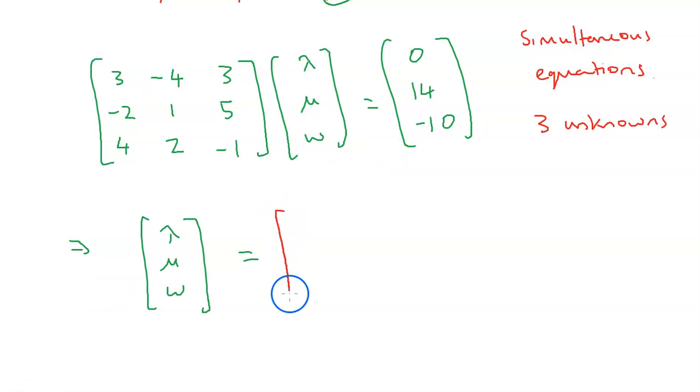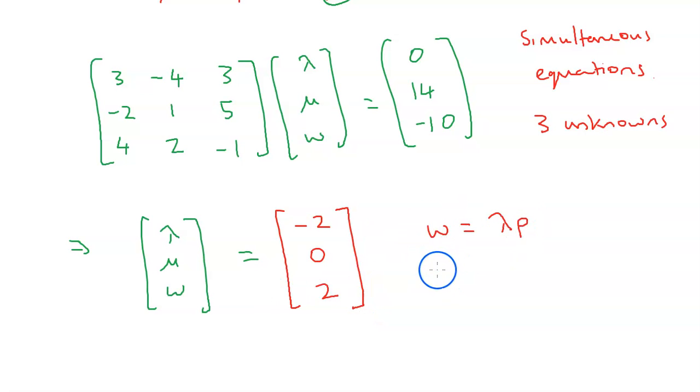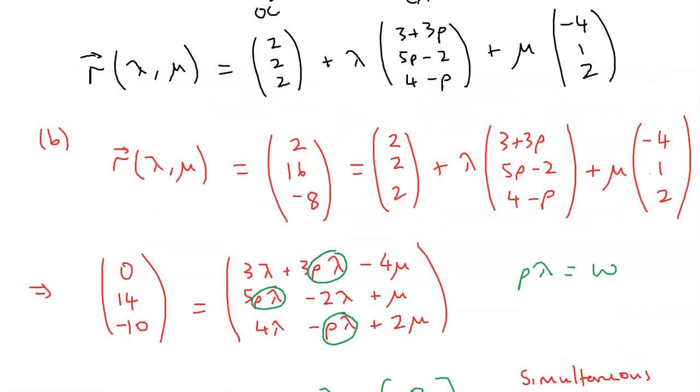Solving that, we get that lambda is equal to -2, mu is equal to 0, and w is equal to 2. And since w is equal to lambda times p, we must have that p is equal to -1. So that's all for that question.